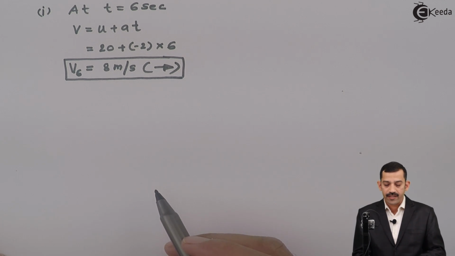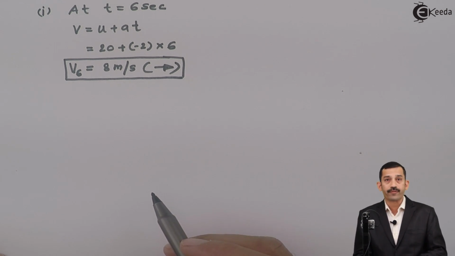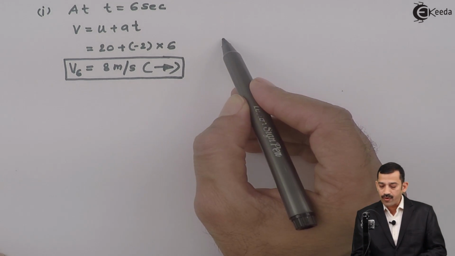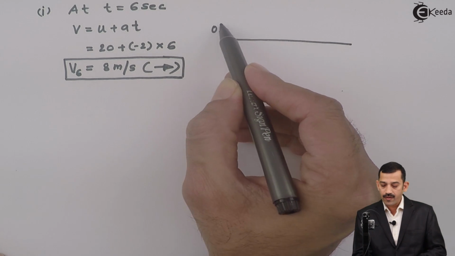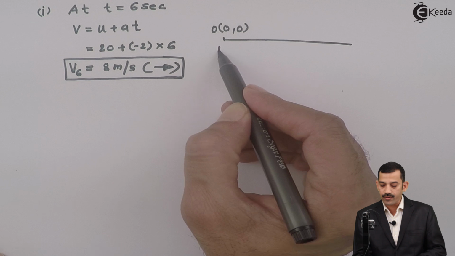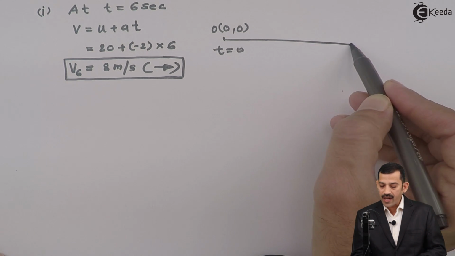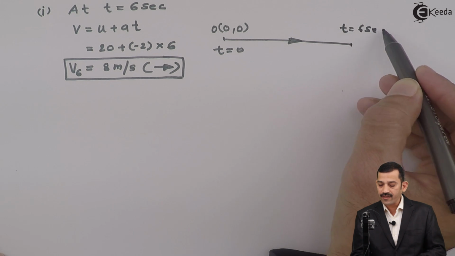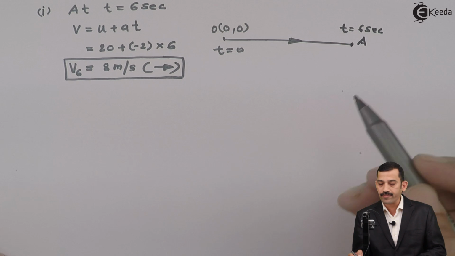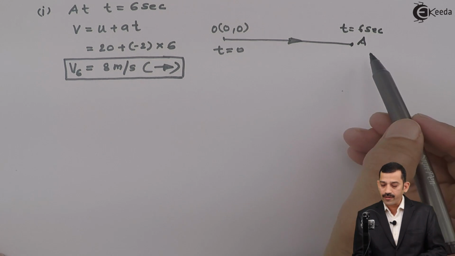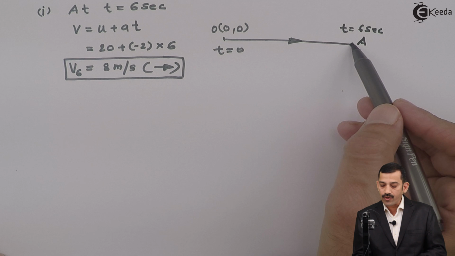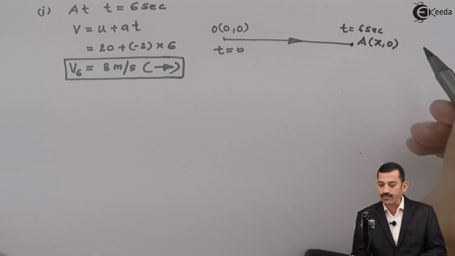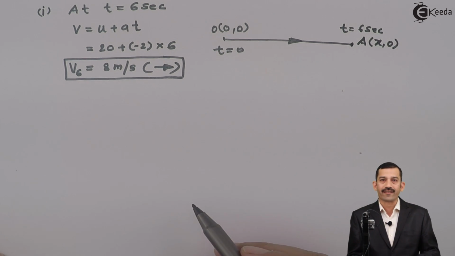Once we get the velocity at 6 seconds, the next part to find is displacement and distance travelled. That means from this point O, coordinates 0, 0, t is 0, at t equal to 6 seconds, say this location is point A. Now we will find what the position is at t equal to 6 seconds. That means what is the x value? y will be 0 because motion is along the x axis.